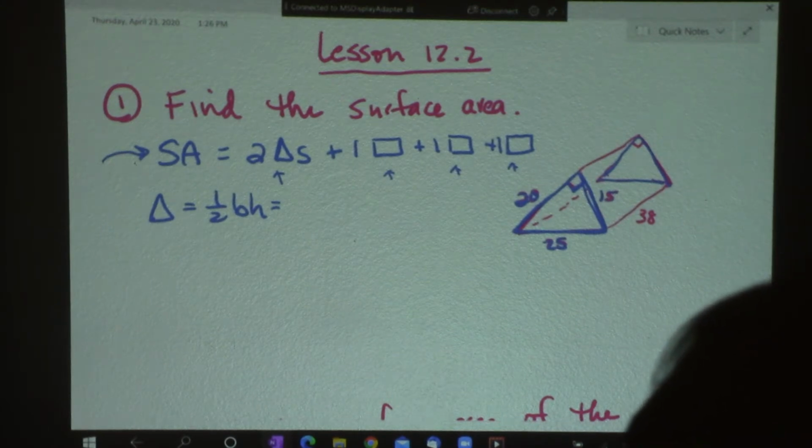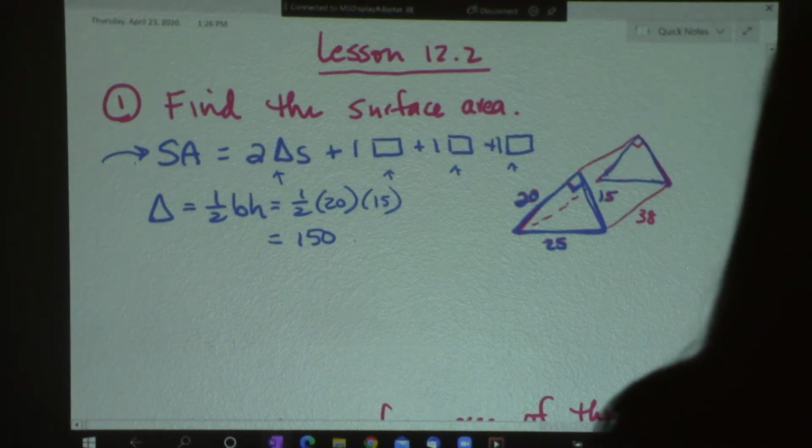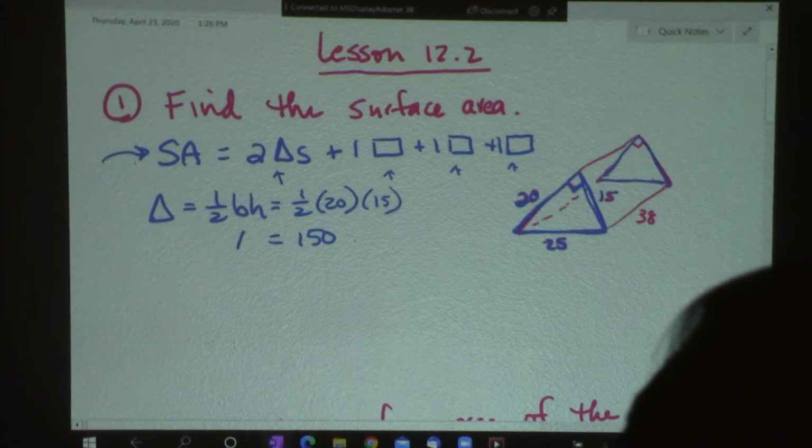So my base is 20, and the height is 15. So when I work that out, half of 20 is 10, times 15 is 150. So I have 150 for that piece.